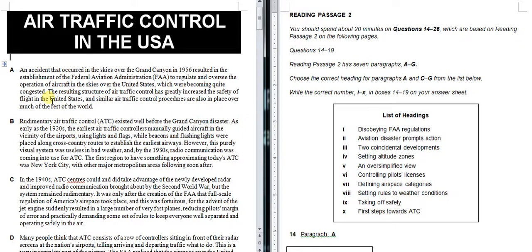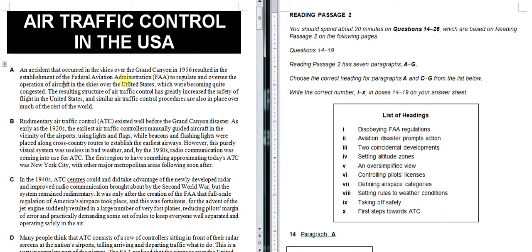So a test writer is rarely going to give you much in terms of a subtitle or an introduction, because you are supposed to get the structure of the text by checking these paragraphs. That's part of the skill that we're looking for here.